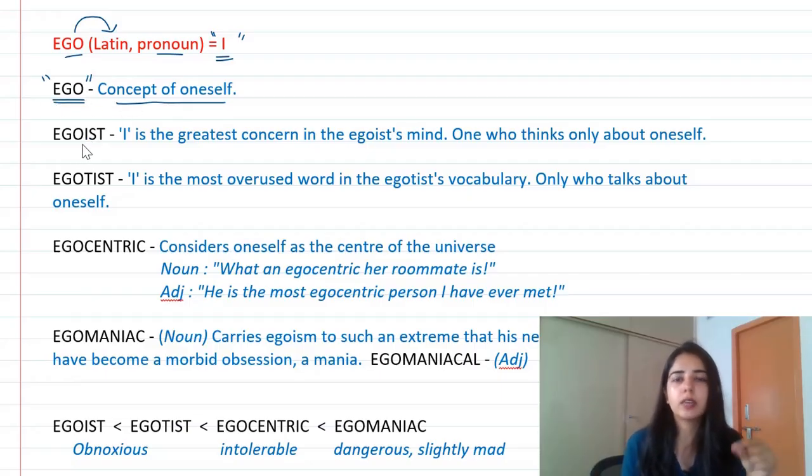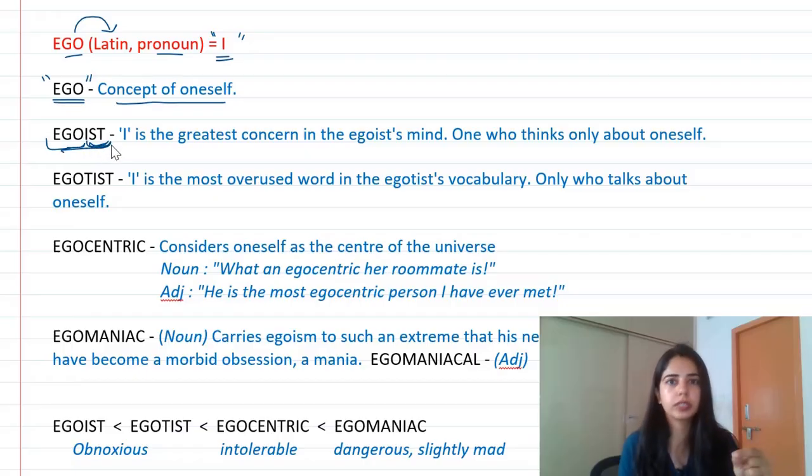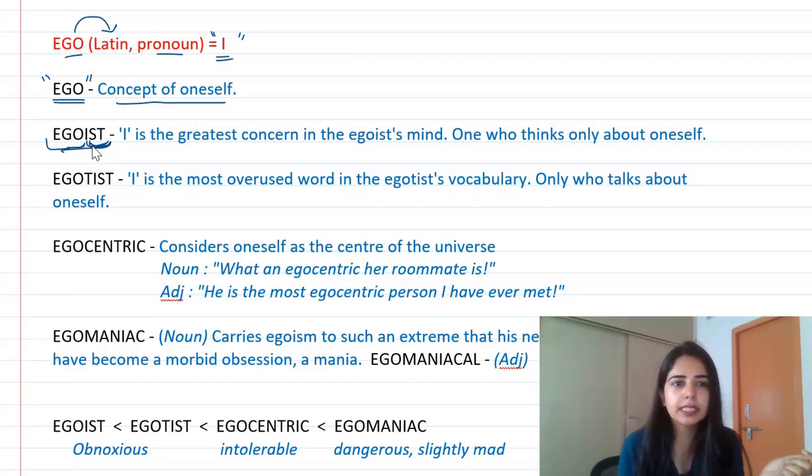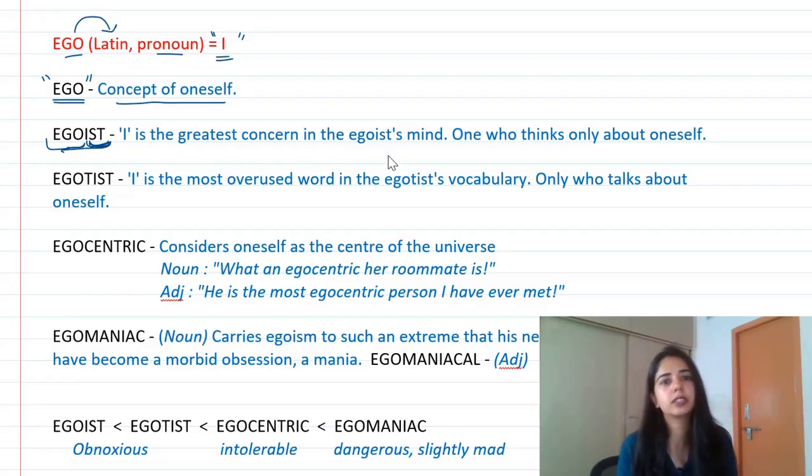Now egoist, someone who has a lot of ego, is an egoist. For example, I from ego, and ist is normally used in a lot of words, pianist, florist. So anyone who is a master of anything, we add the suffix ist to that word. Now I is the greatest concern in the egoist's mind.